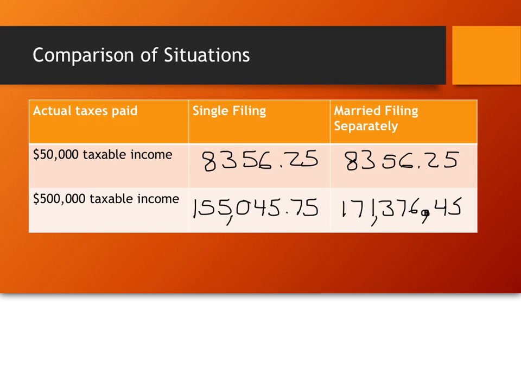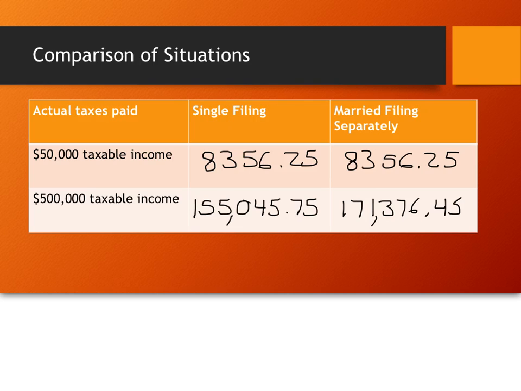So, a little quick comparison is, if you are married and single, there's really no difference in taxes at the $50,000 mark, being married or being single.